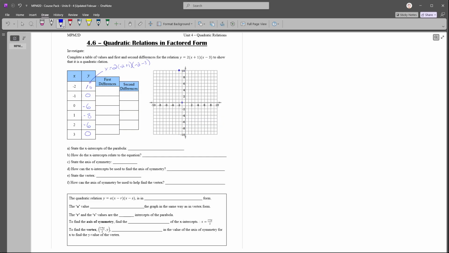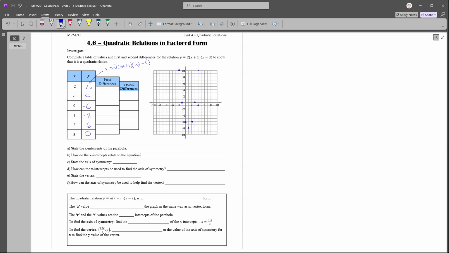Oh, that's a big change. 0, negative 6 down here. And 1, negative 8. And 2, negative 6. And then 3 back up to 0 again. And if we went 1 more, we'd end up with 4 all the way up at 10 again.